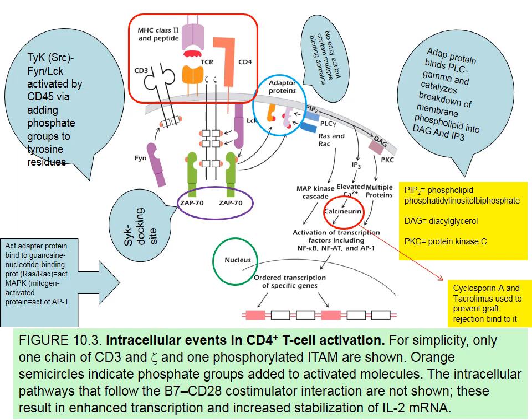So the thing to understand in this case is that once there is a signal to these ITAM molecules, they get activated, they have an ability to bind phosphate. So you can see these orange semicircles, they indicate phosphate groups. Once these phosphate groups are added, this leads to activation of molecules.